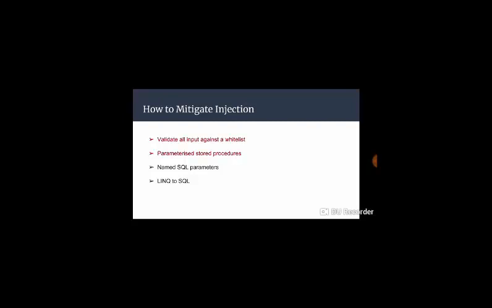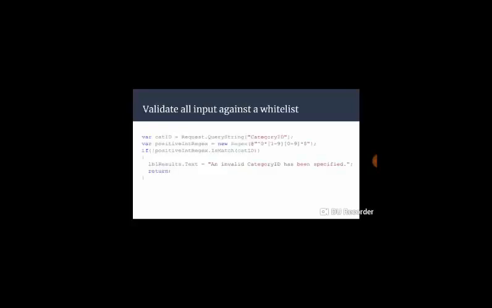Okay, validate all input against a whitelist. The assumption must always be made that any data entering the system is malicious unless proven otherwise. And this is the concept of whitelisting.